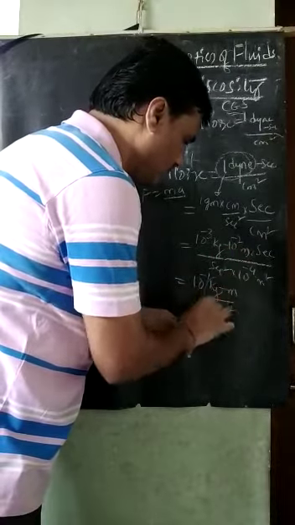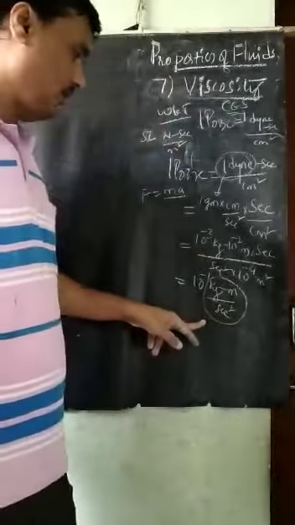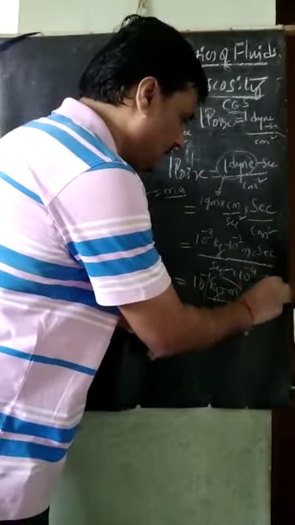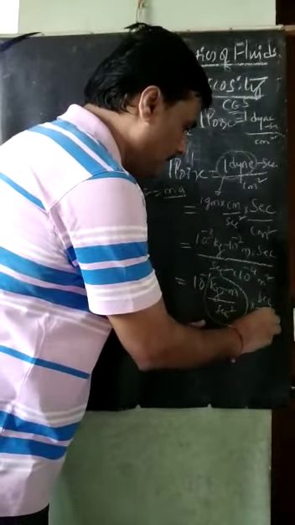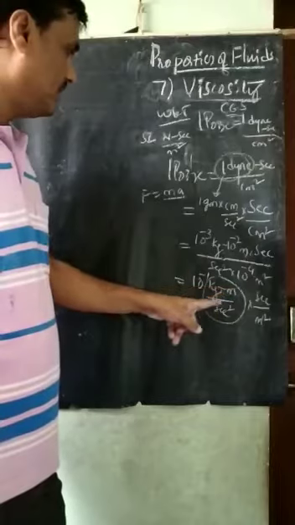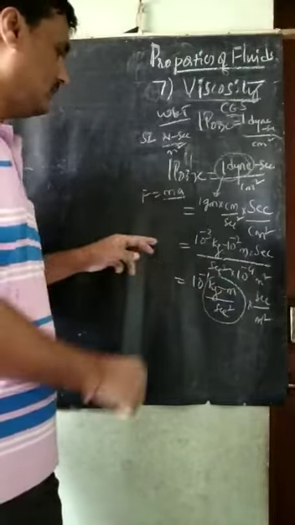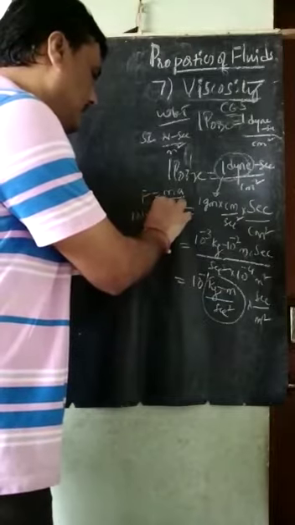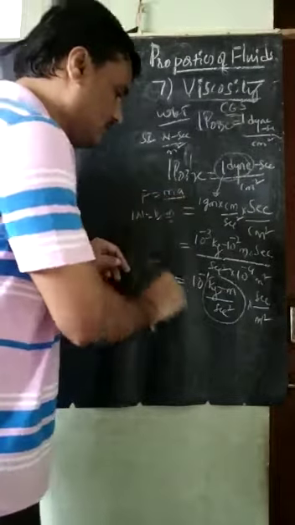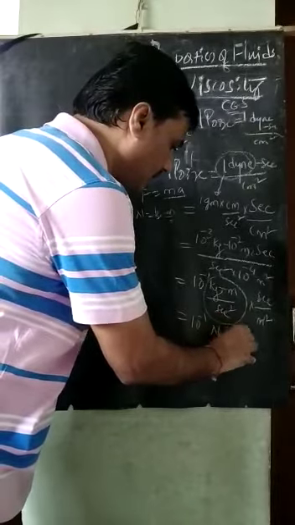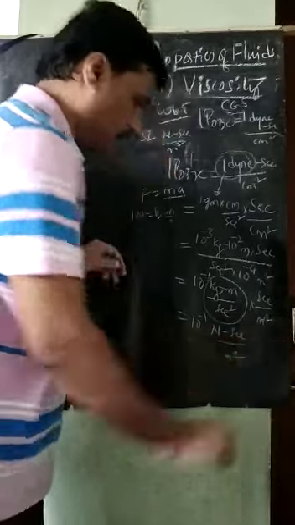Next what is left is second divided by meter square. What is kg meter per second square? This is Newton. 1 Newton is equal to kg meter per second square. So therefore it is 10 raised to minus 1 Newton second per meter square.